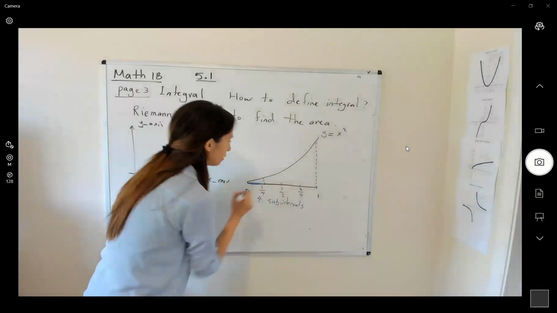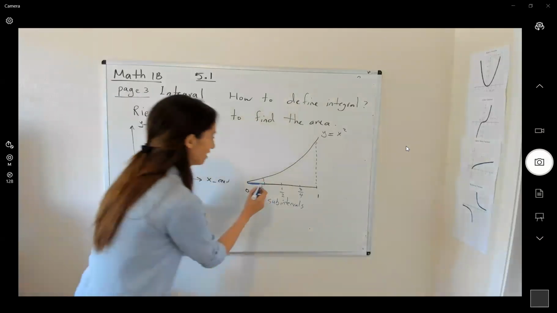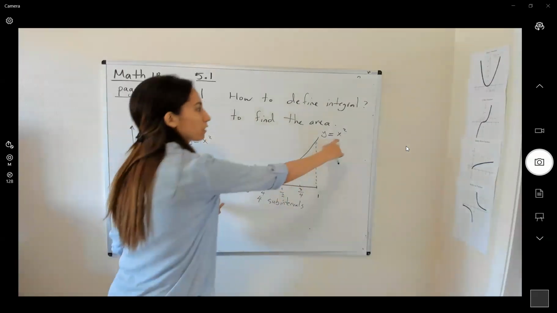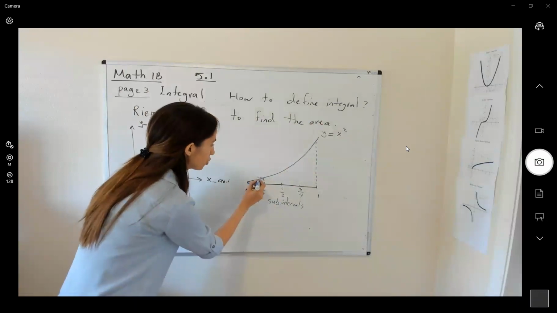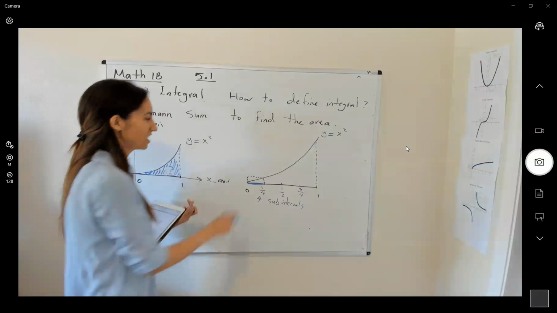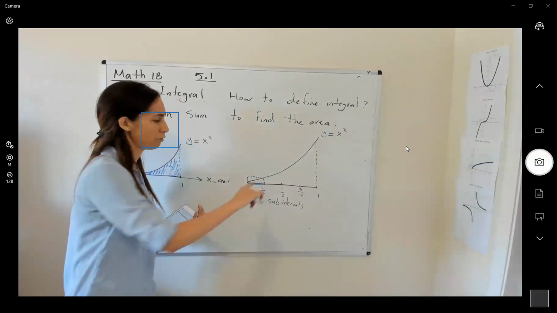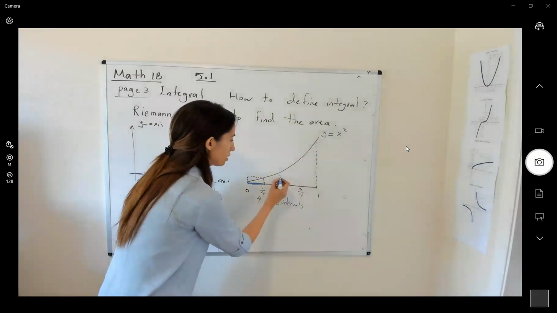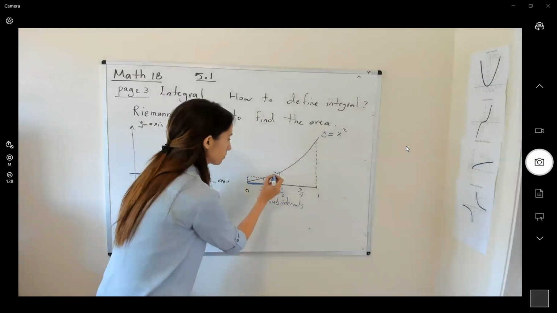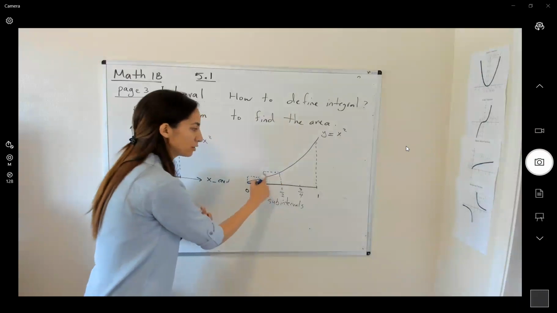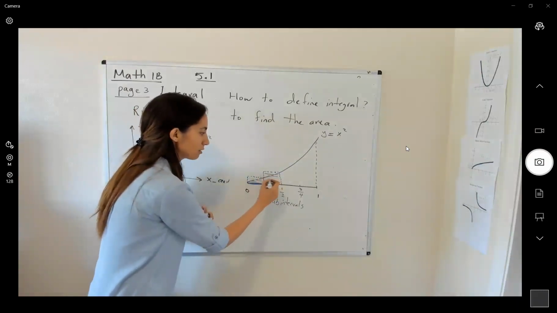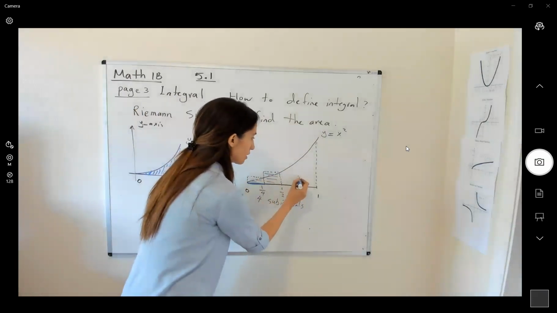I can find the measurement here using my function and actually form a very small rectangle, find the area. I can form another rectangle here, find the area of this rectangle. So this is the first rectangle, this is the second rectangle, this is the third rectangle.